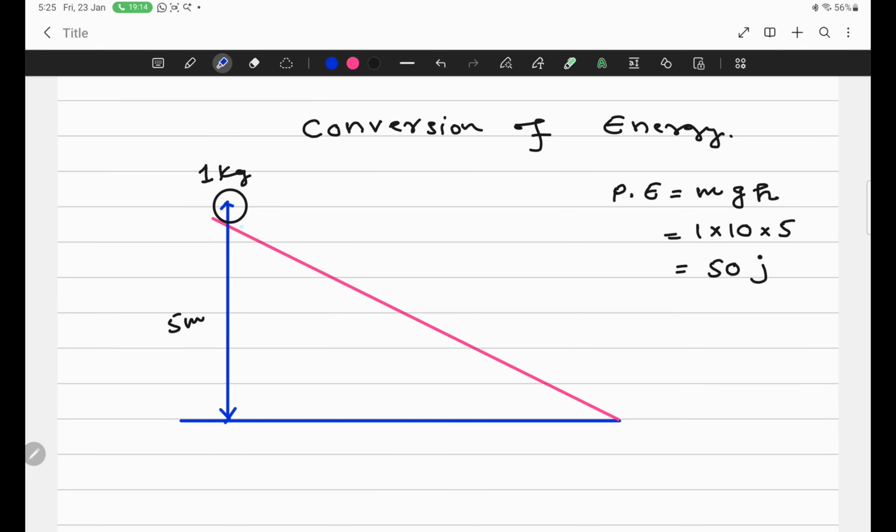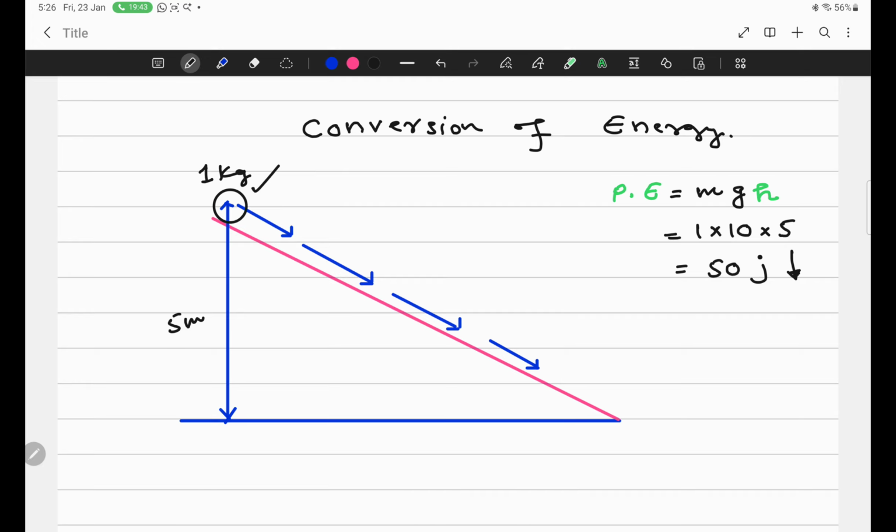But if you release this object from this height, then obviously the object starts sliding towards the bottom of the slide. And when it slides down, its potential energy starts decreasing because its height is decreasing. Potential energy depends upon height.